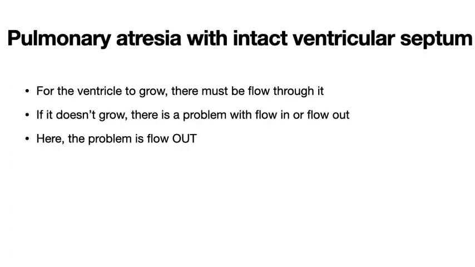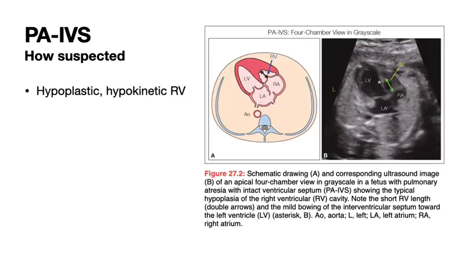Again, for a ventricle to grow, there must be flow through it. So, if it's not growing, there must be a problem, either with the flow in or the flow out. And with pulmonary atresia with intact ventricular septum, the problem is initially flow out. Can't get out of the ventricle.